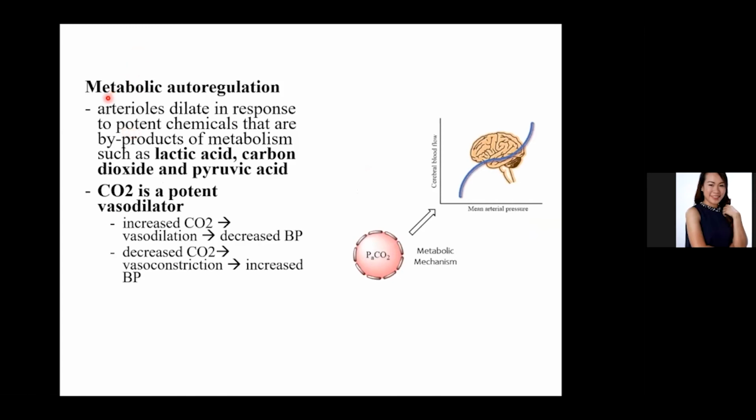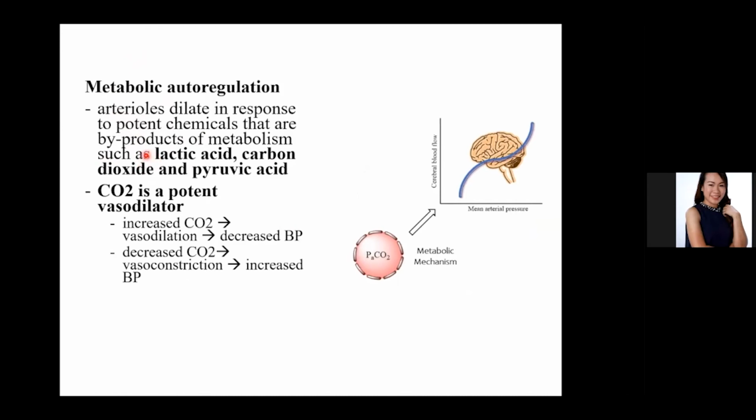Next, we also have what we call your metabolic autoregulation. So how does this happen? We can see here in this picture, the arterioles will also dilate in response to potent chemicals that are byproducts of metabolism. So what are these chemicals that can cause dilation of arterioles? We have lactic acid. When is lactic acid produced?